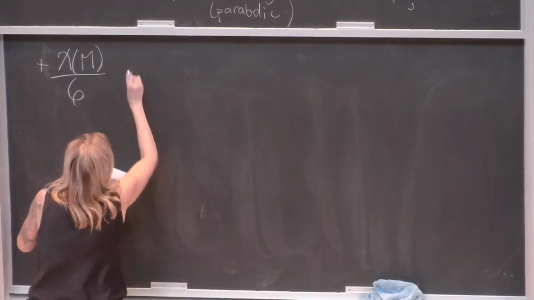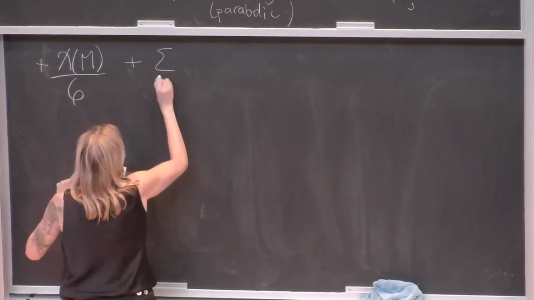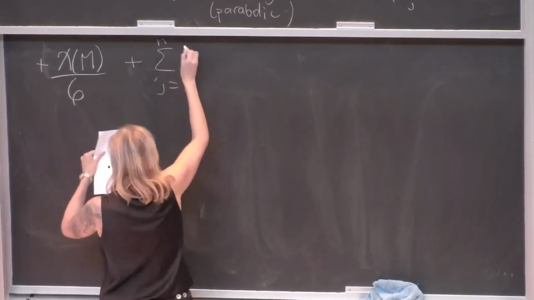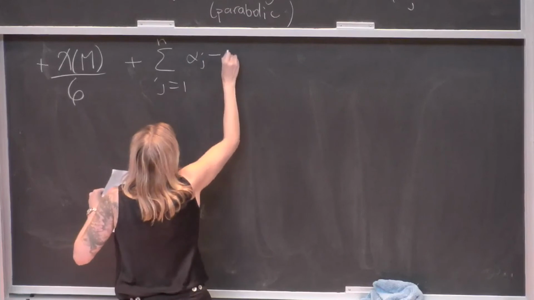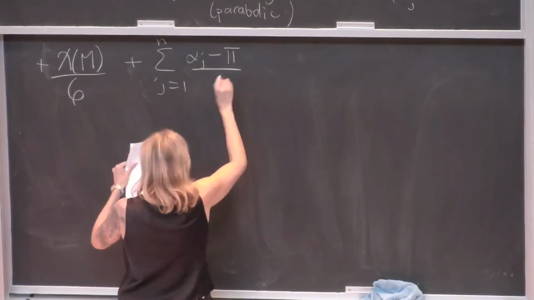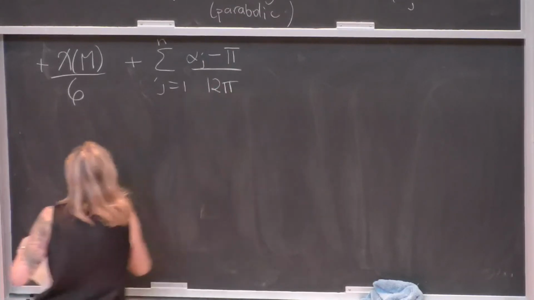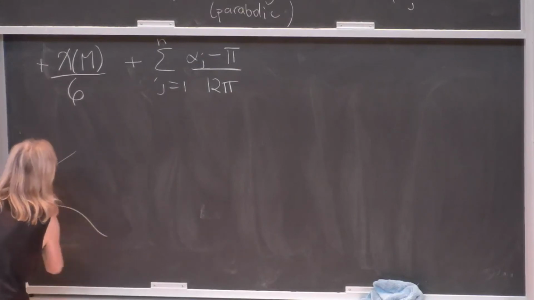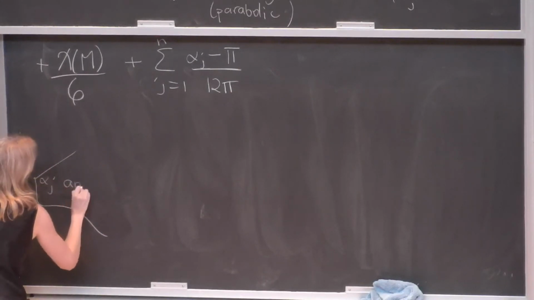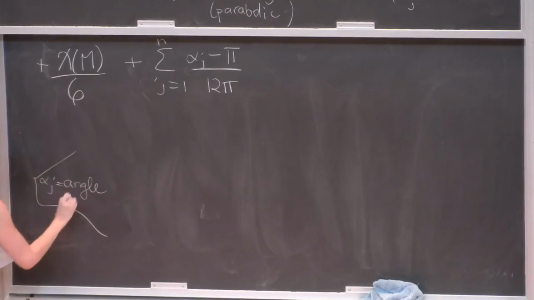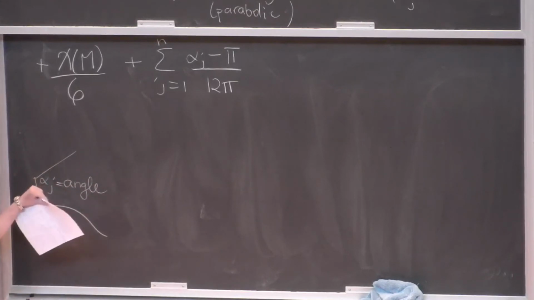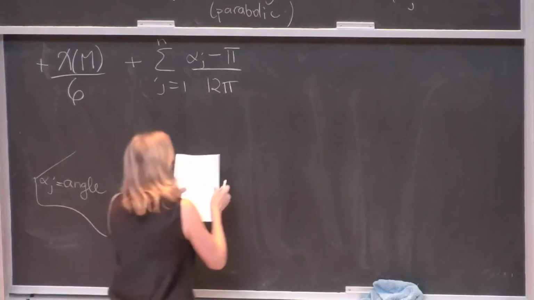And here comes the part that I think is a little bit more interesting. The alpha j's are the angles at the corners.